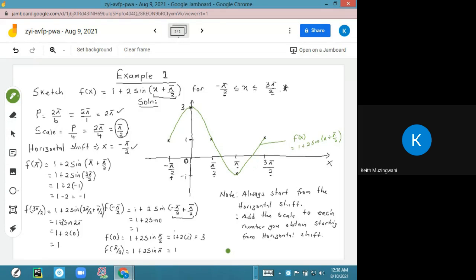If I know what sine 270 is, there's no need of being confused. I'll just substitute what the value is. So sine 270 is -1. So where there is sine 270, I place -1. I remain with an equation having only 1 plus 2 multiplied by -1. The number I get forms a full point with pi. And that's how you sketch every function.